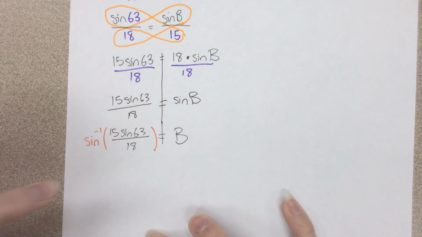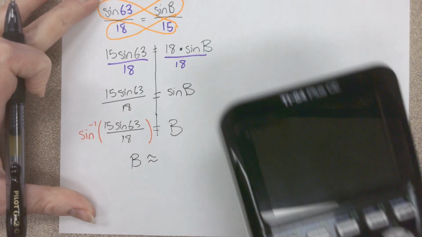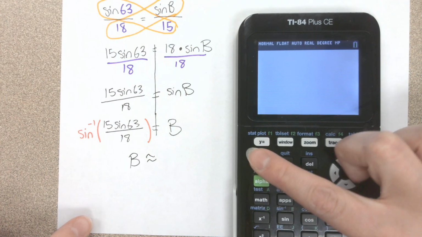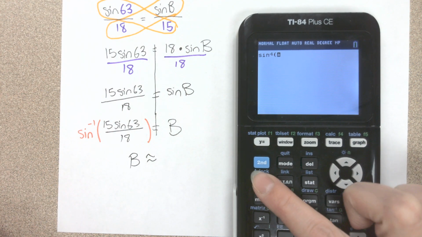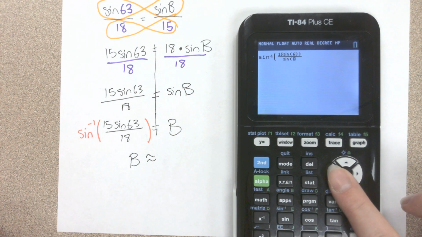And then I'll use my calculator to get that. We'll round B to the 10th place using the calculator. Okay, second sine, and then alpha x to get the fraction to pop up. 15 sine of 63 over, no sine, just 18.